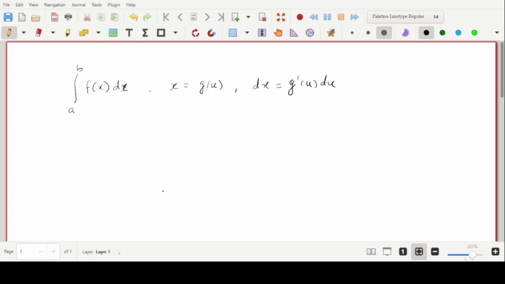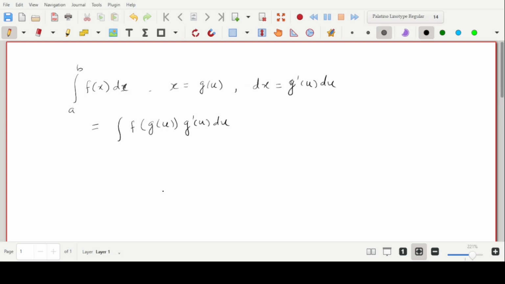to correspondingly change the limits of the integration, and our integral becomes f of g of u times g prime u du. Now f of g of u multiplied by g prime of u is a function in u, and this is the function that we shall integrate with respect to u.